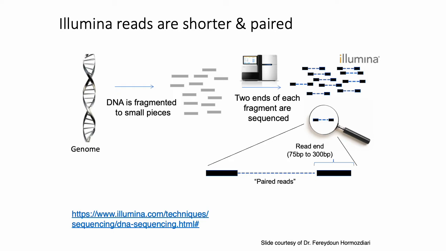Because Illumina's technology is based on short read sequencing, each read that you generate from a given fragment is only on the order of 75 to 300 base pairs long. Generally speaking, because you know the rough size of each fragment, you know the length of the reads on either end of each fragment, and you also know the approximate distance between those two reads, so you get a little bit more information than just the read sequence itself.